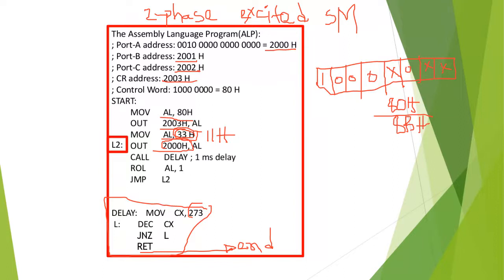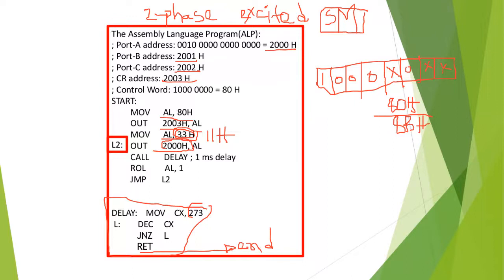Okay, so this is a basic idea about the stepper motor, because it is mainly a part of the machine, but I try to share the basic idea with you, how it works.